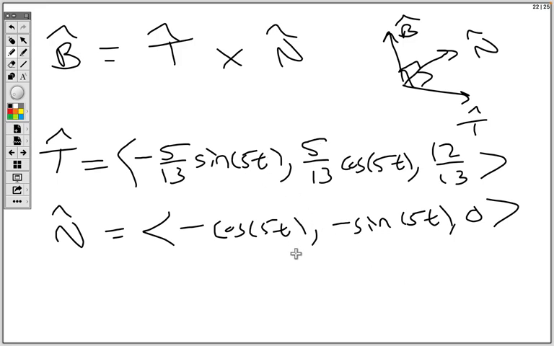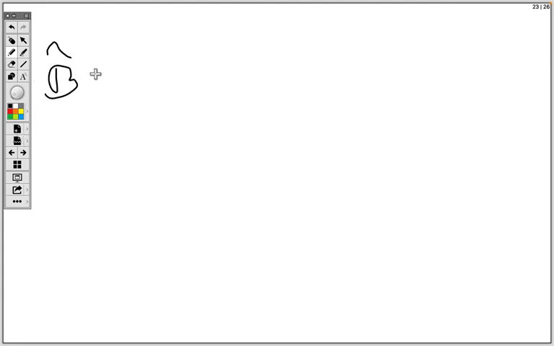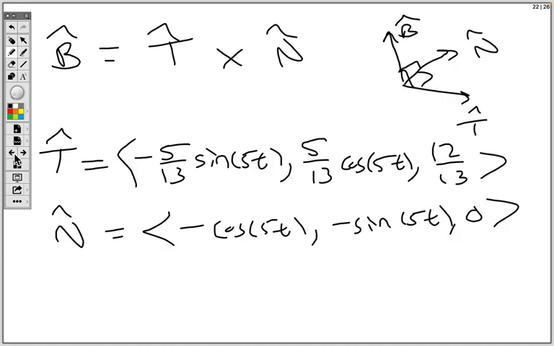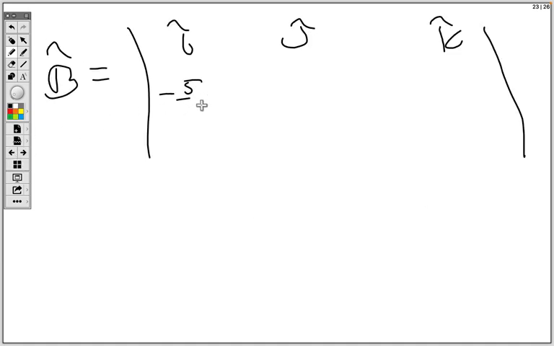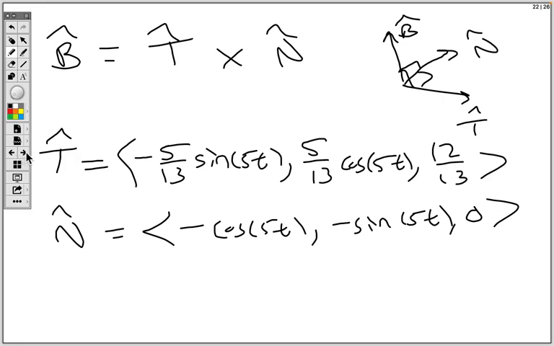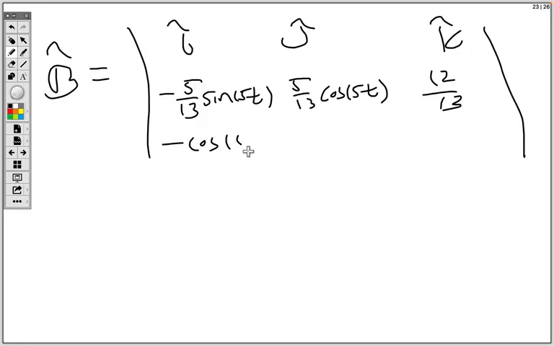And so we would take the cross product of these 2 vectors. So it's been a while since we did a cross product. Might as well take the time to do it. That 0 will come in handy.